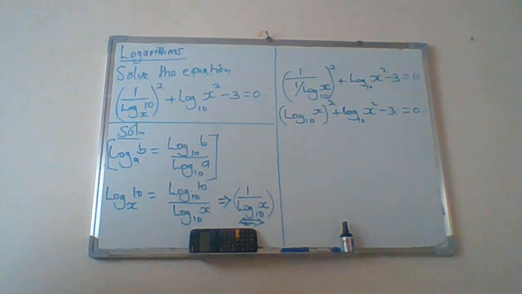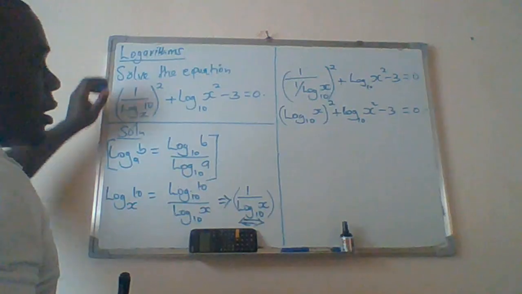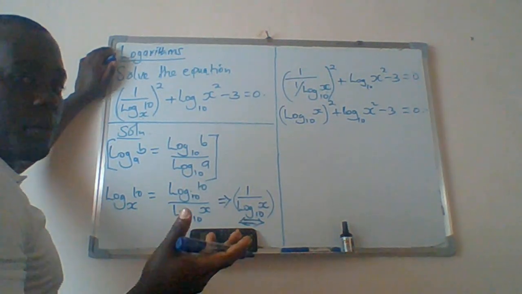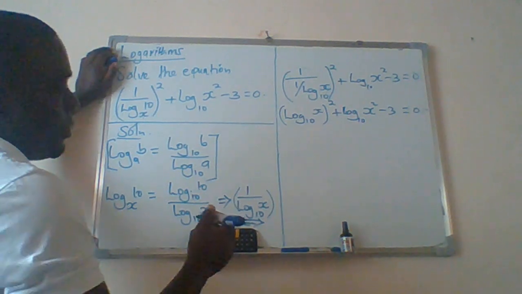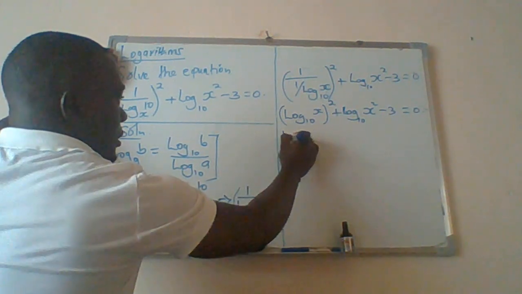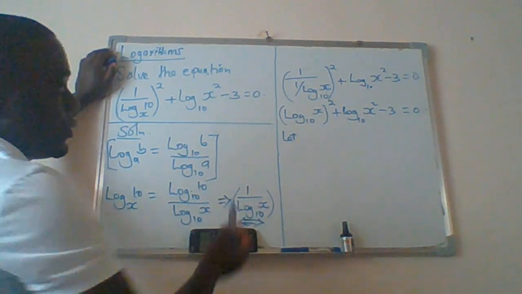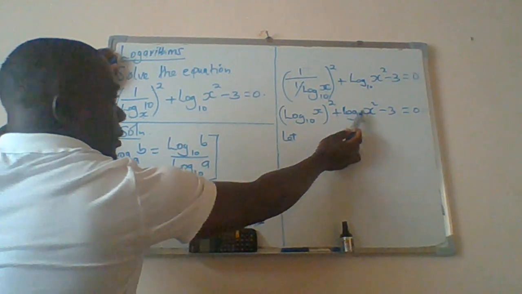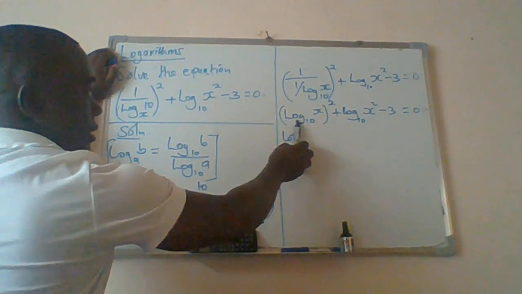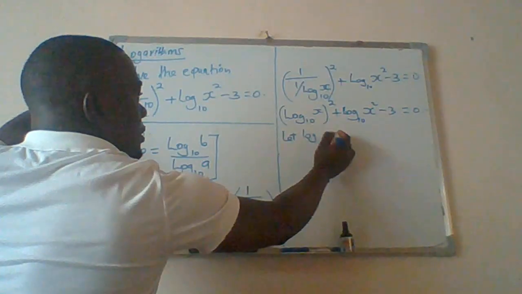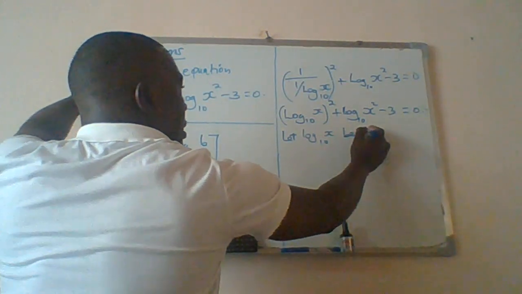Now this question looks like something we can solve by letting, because log x to base 10 is common in both cases. We have log x to base 10 and also log x to base 10. So we can let log x to base 10 be our y.